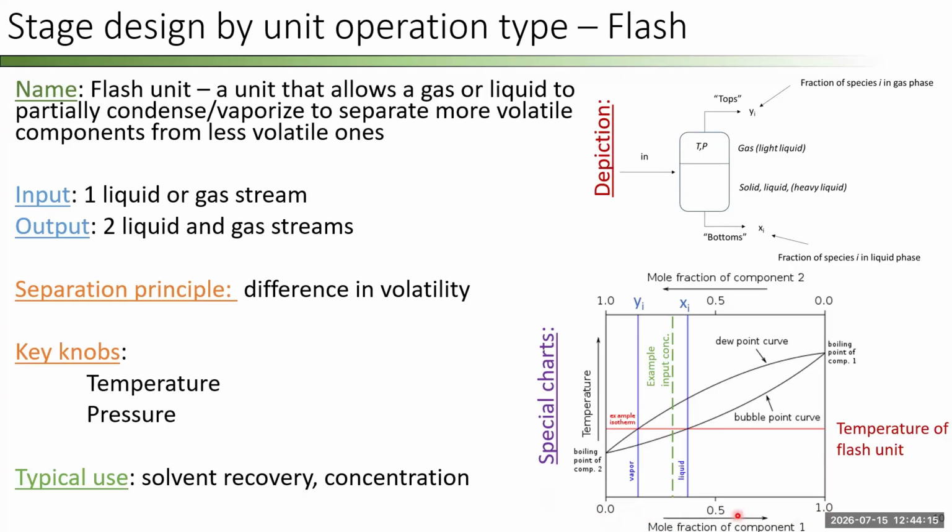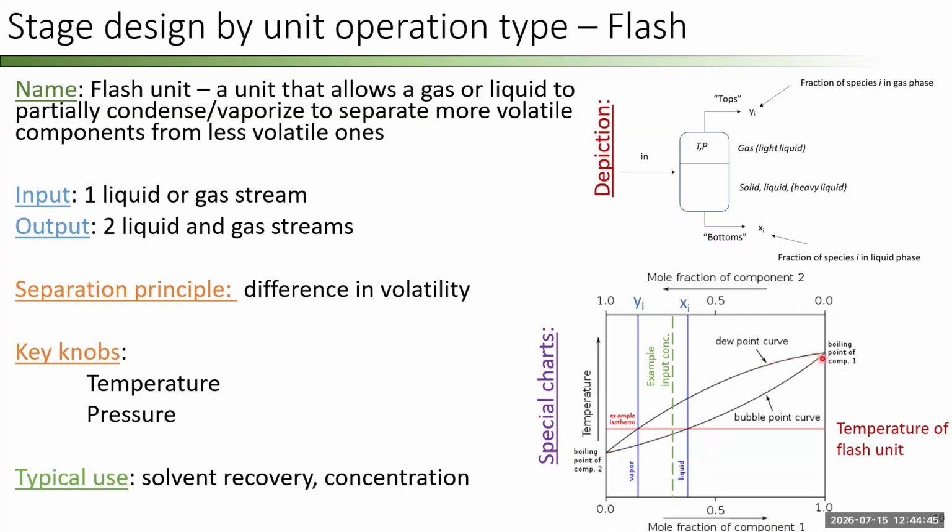Let's take methanol, and then maybe the top is the mole fraction of ethanol or water, right? So if I sit down here, I have the mole fraction on the x-axis, and on the y-axis I have temperature. So what temperature I'm operating this vessel at.